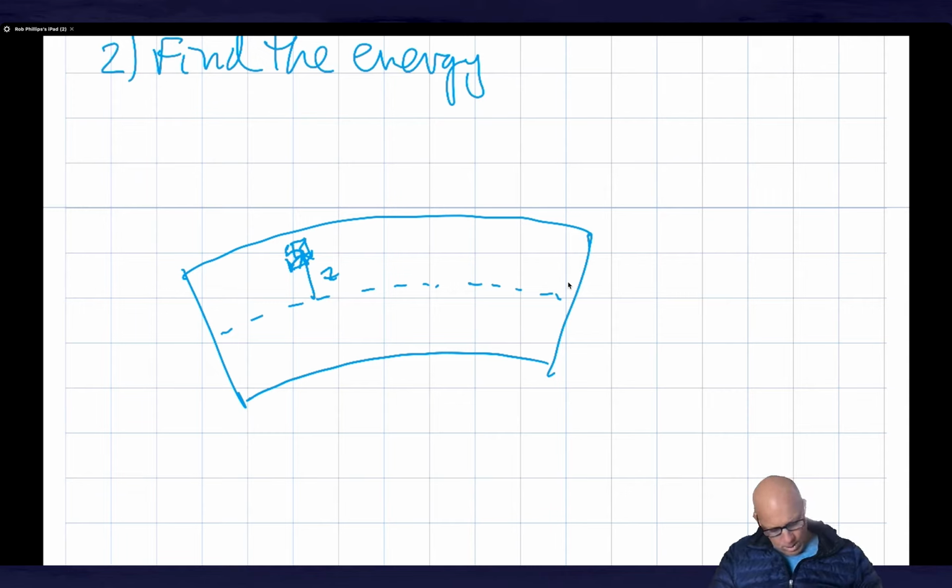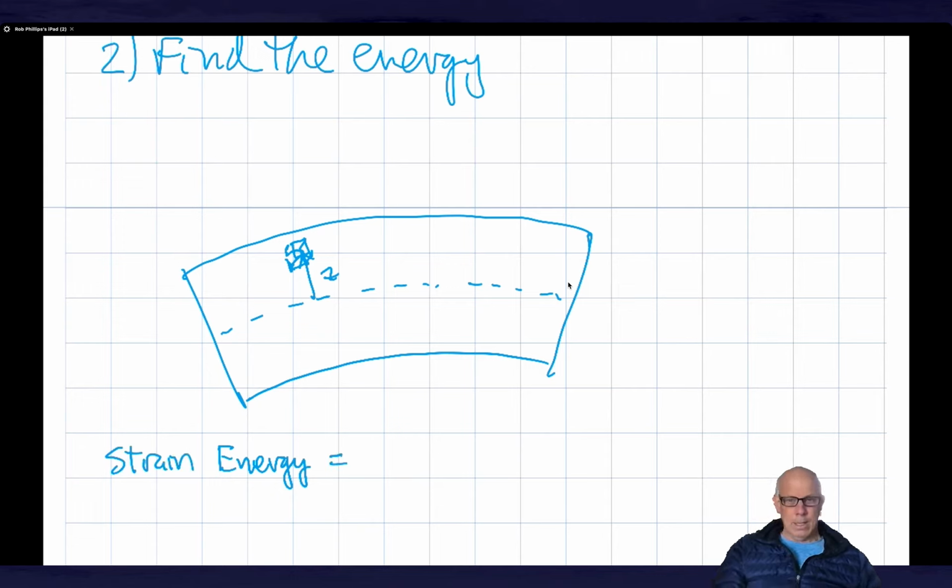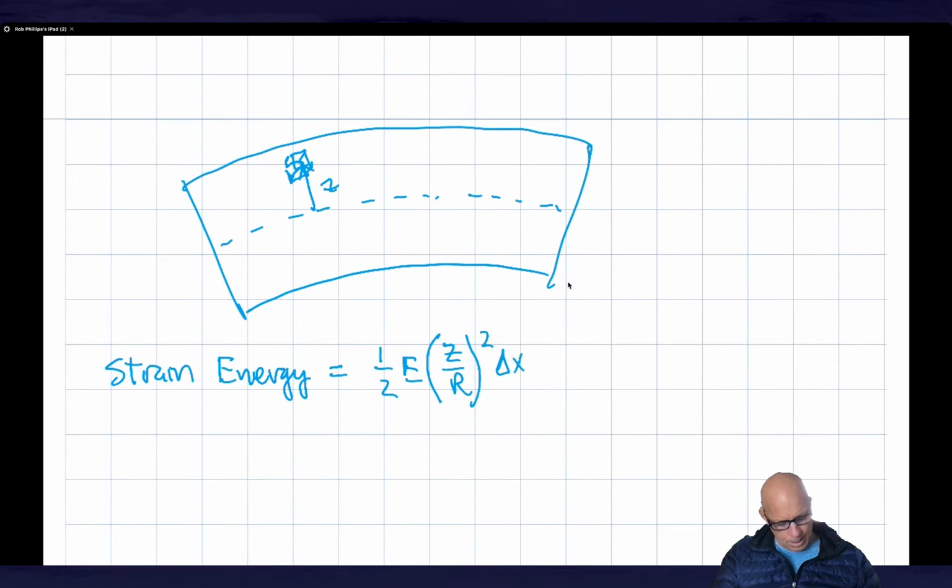And so the strain energy in that little box is going to be given by 1/2 times E times (z over R) squared, and then times delta x, delta y, delta z. So that's the energy associated with this one little box right here.